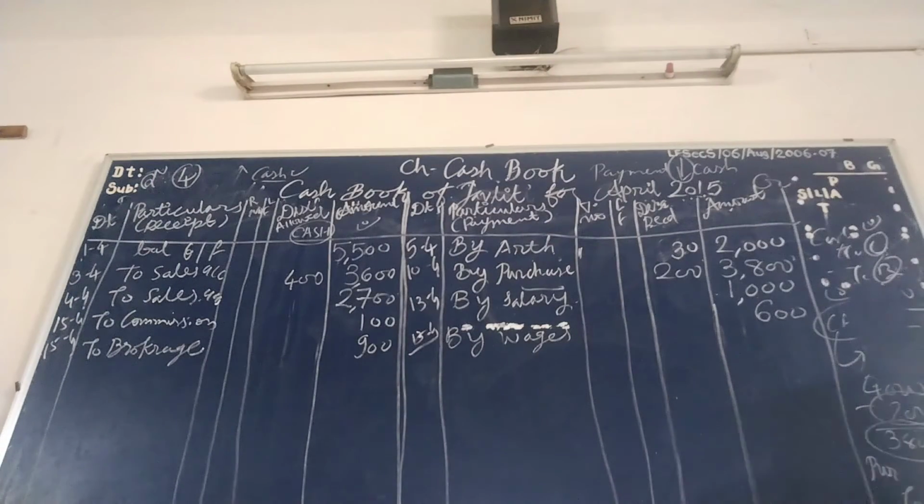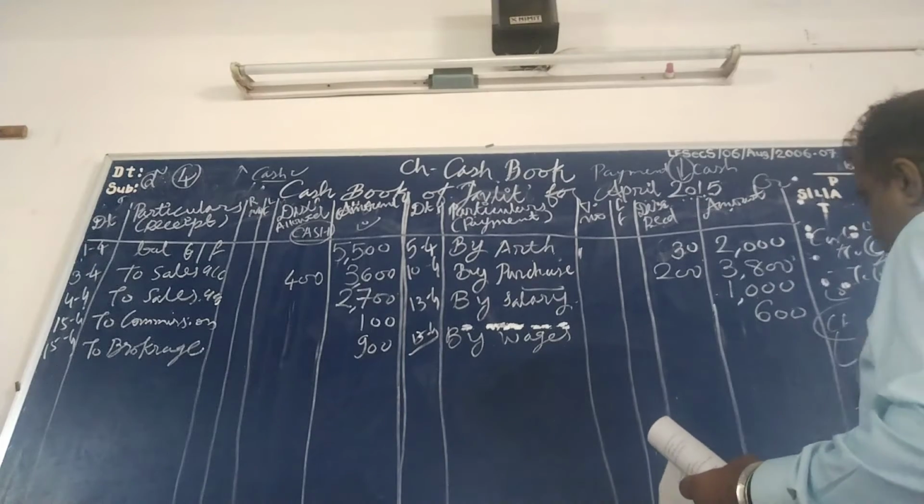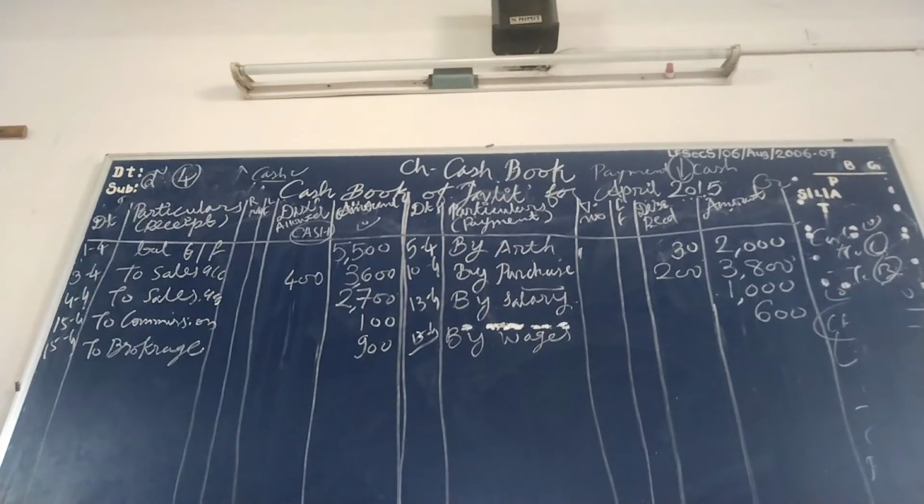Understood, student? Now next one, 17th of April, cash of rupees 1400 paid to Krishna in full settlement of 1420. So we have to pay Krishna 1420, but we paid 1400 only.